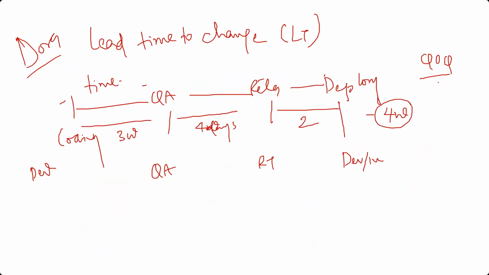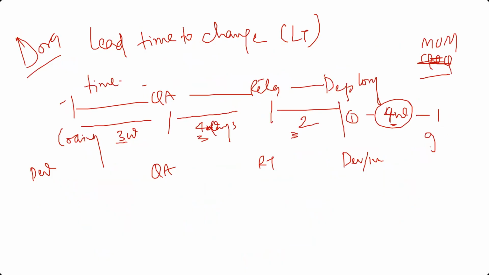Let's take month on month. One month has 4 weeks, and you are expected to deploy once a month. Imagine coding takes 3 weeks, QA takes 4 days, release takes 2 days and deployment takes 1 day. Assume it is taking 4 weeks to deploy once.